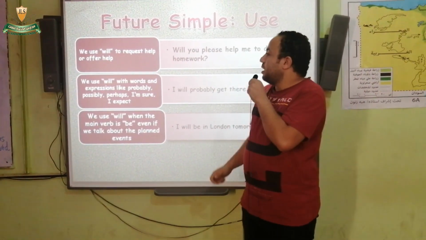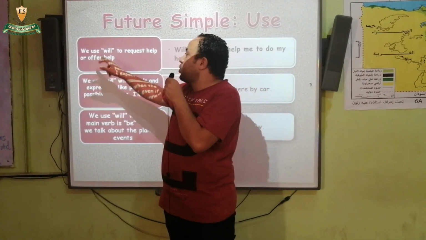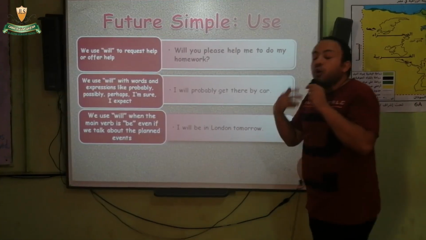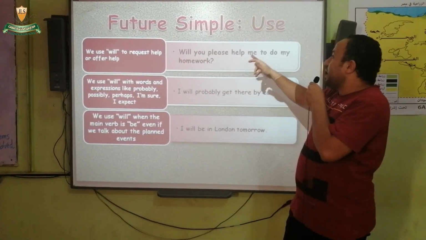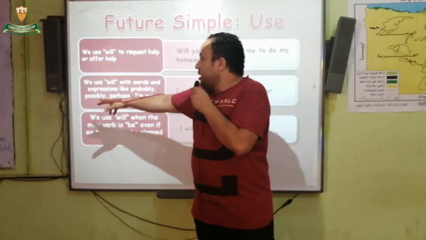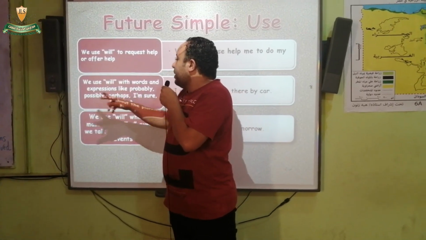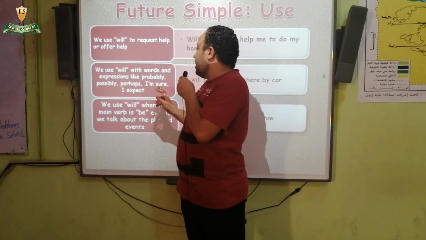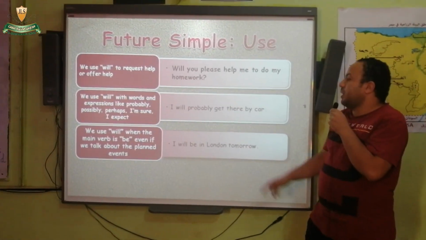We use will to request help or to offer help. When you ask someone for help, you can say, will you please help me to do my homework? We use will with words and expressions like probably, possibly, perhaps, I'm sure, I expect.